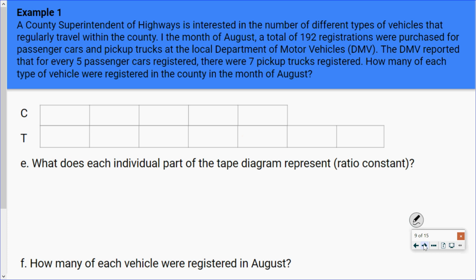Anybody know what it represents? What each box does? Yes, Bennett. Does it represent a number of cars or trucks? It does. You hit it right on the head.